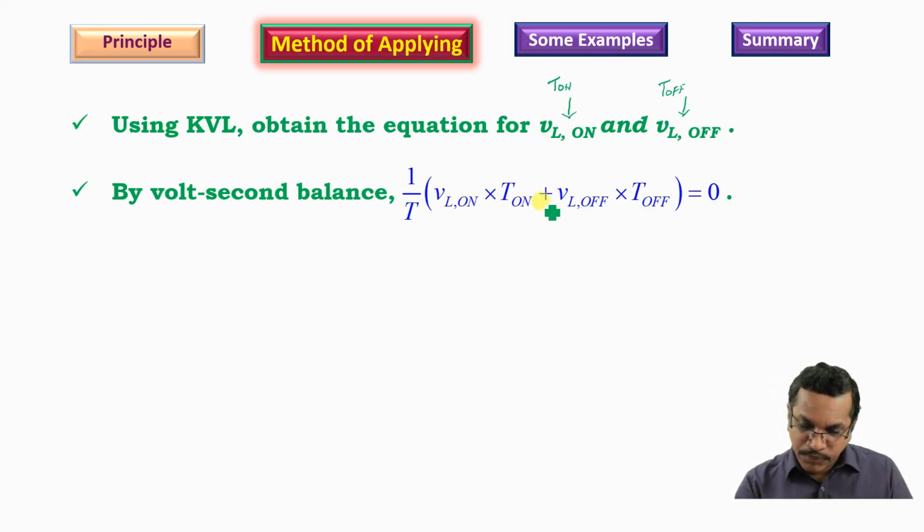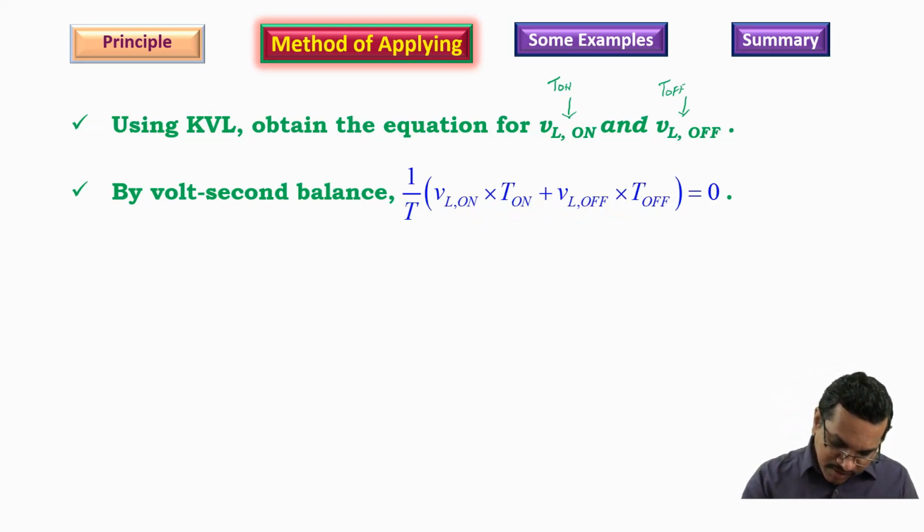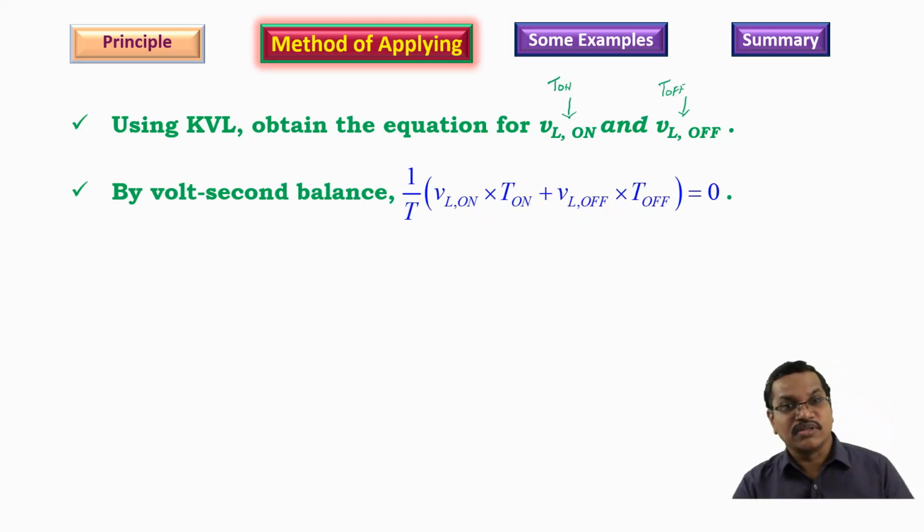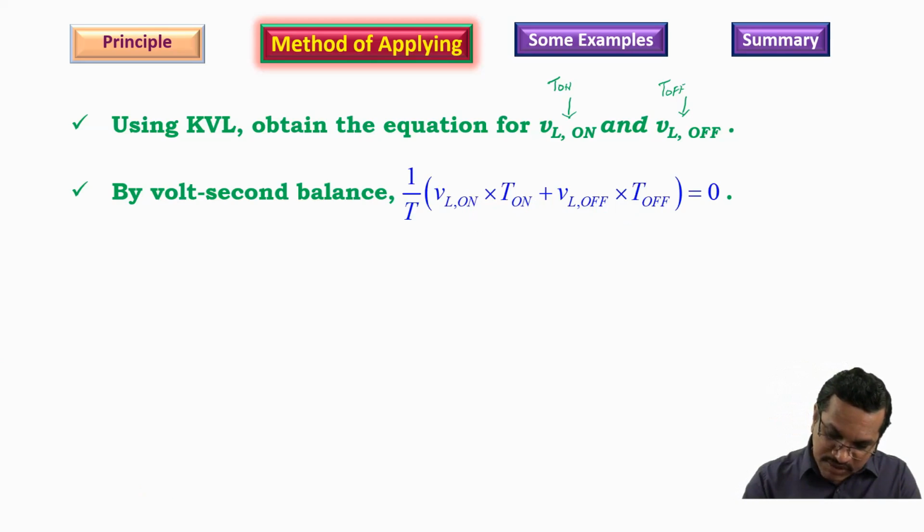Now this equation is again very simple. In case we have the voltage across the inductor plot, the waveform, then we simply take the average over time: 1 by T, integral of VL of t dt from 0 to T, whatever voltage waveform we have across the inductor, this must be equal to 0.